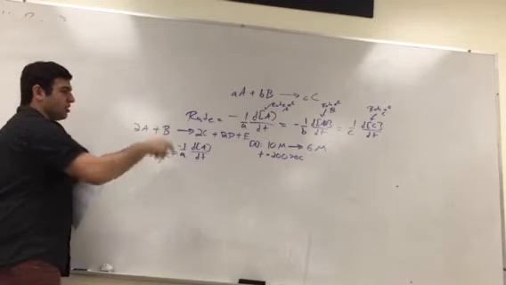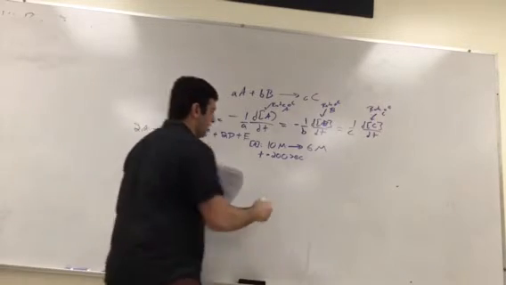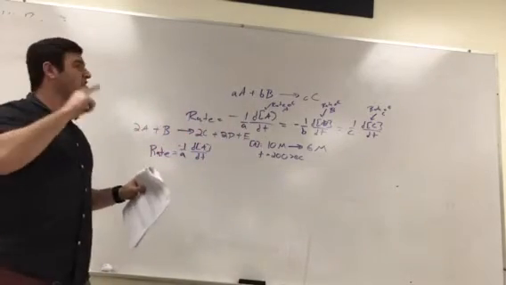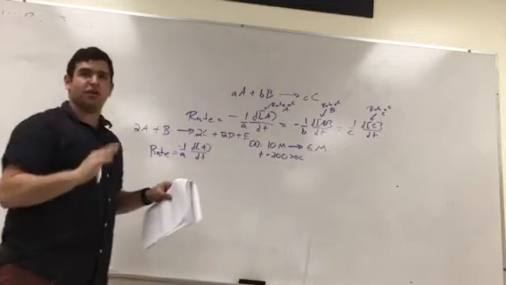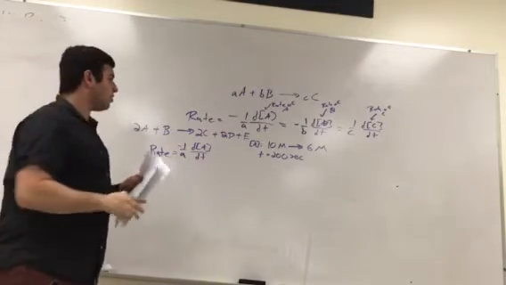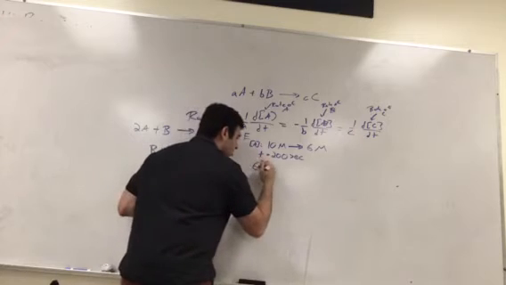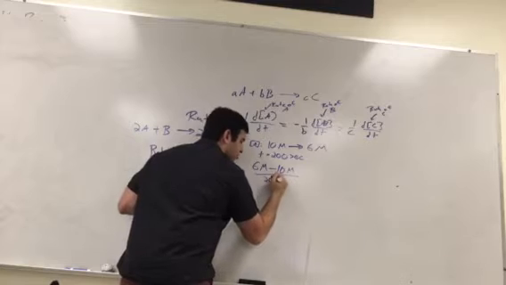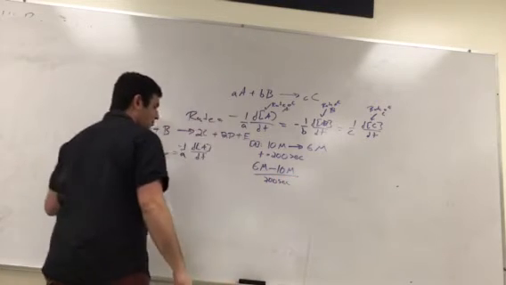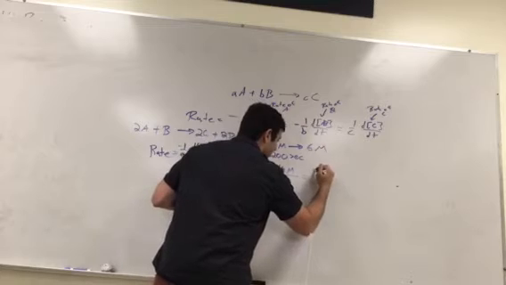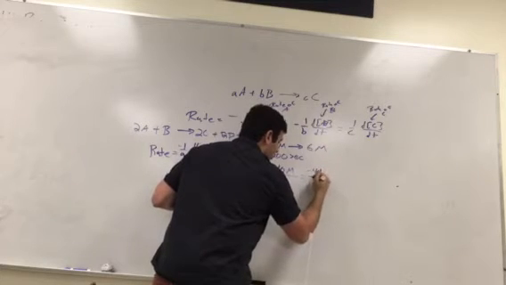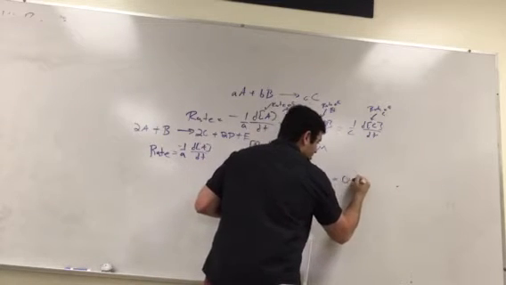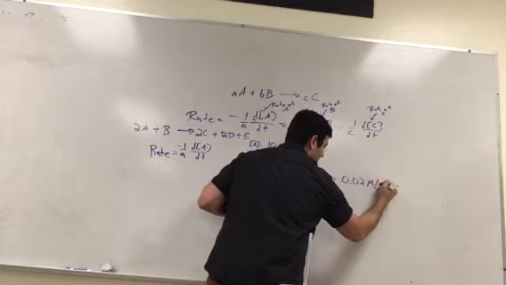But before that, we need to calculate the rate of A. Remember, any change in concentration is final minus initial, like an average. So this went from 6 molarity final minus 10 molarity initial, over 200 seconds. This is negative 4 molarity over 200 seconds, which is 1 over 50, which is negative 0.02 molarity per second.